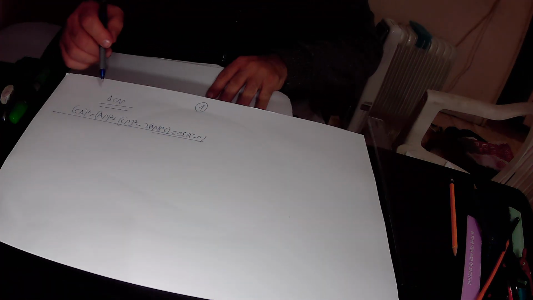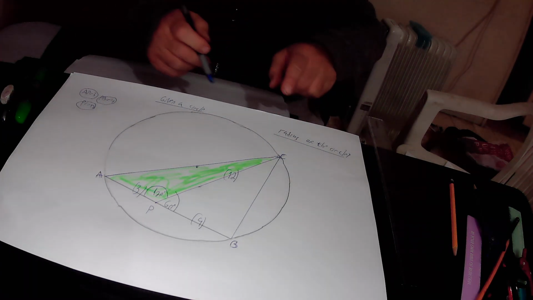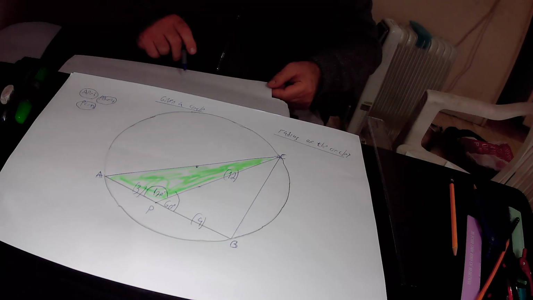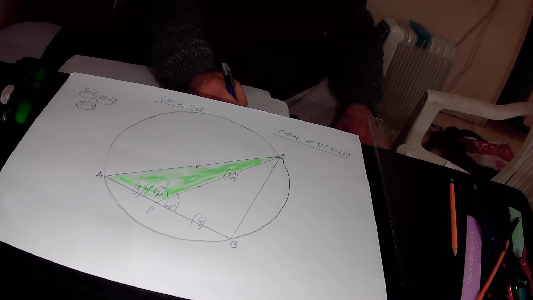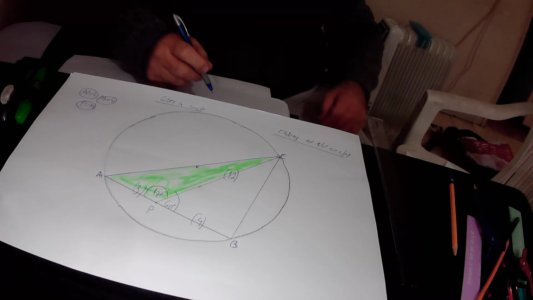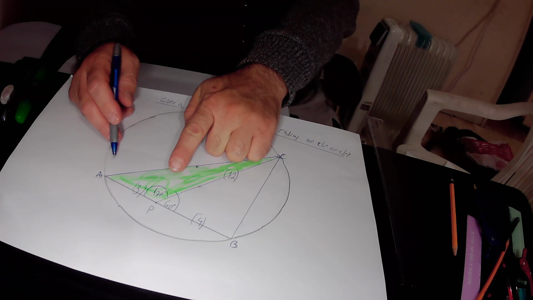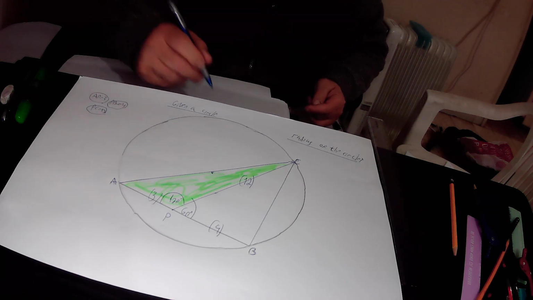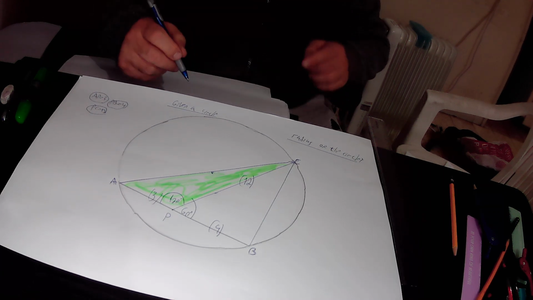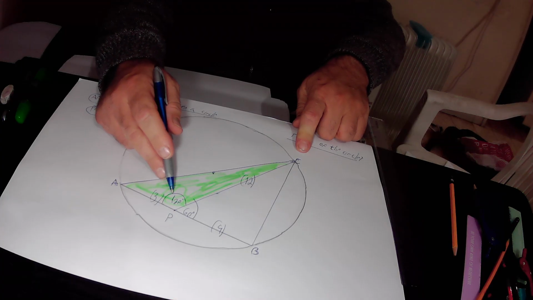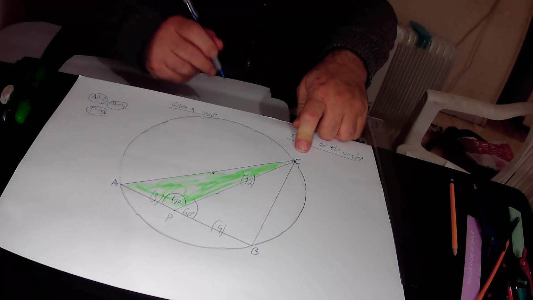CA squared equals AP squared plus CP squared minus 2 times AP times PC times cosine 120 degrees. CA is the missing side, so we leave it as it is. So CA squared equals AP squared. AP is 3, therefore AP squared is 3 squared, that is 9. Plus CP squared. CP is 12, therefore CP squared is 12 squared, that is 144.